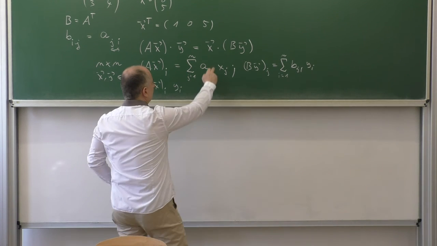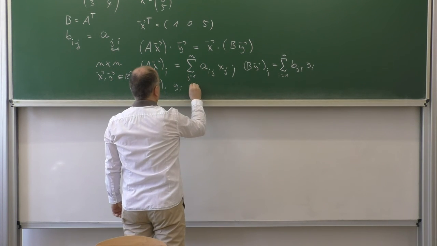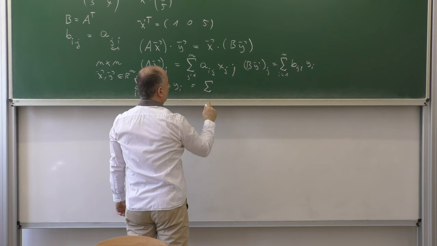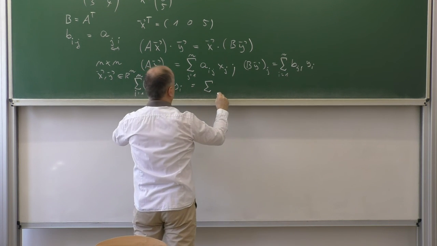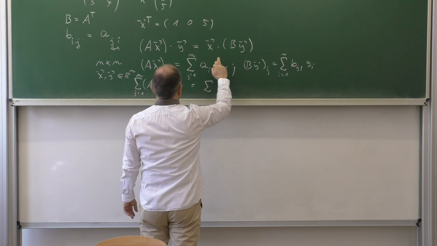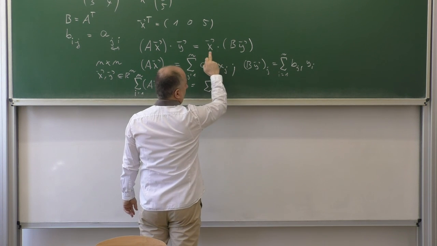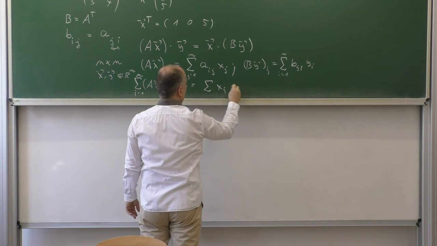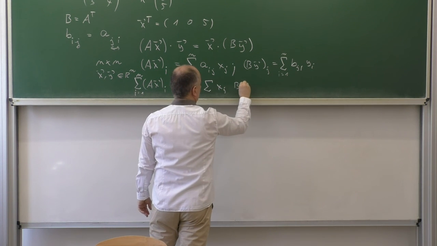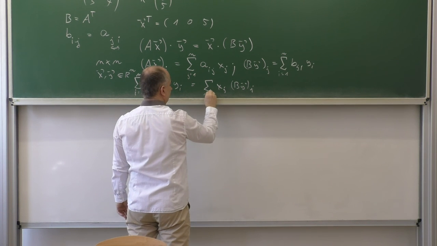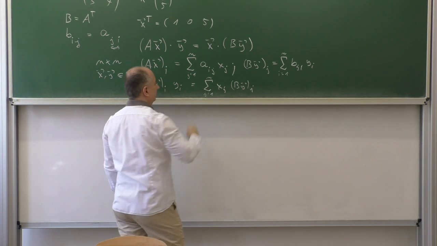And on the right, we have the scalar product. So this is the sum of products of the jth component of x times the jth component of By, j running from 1 to n.